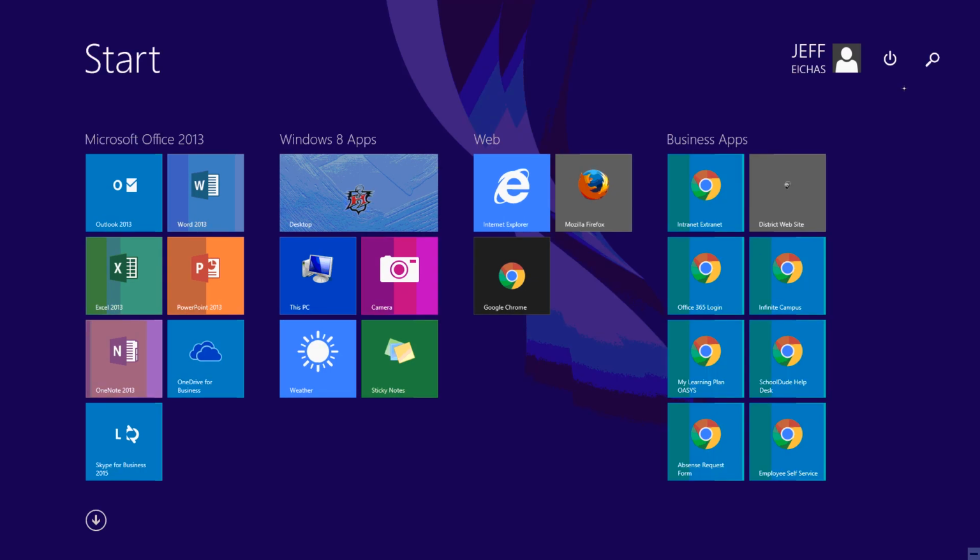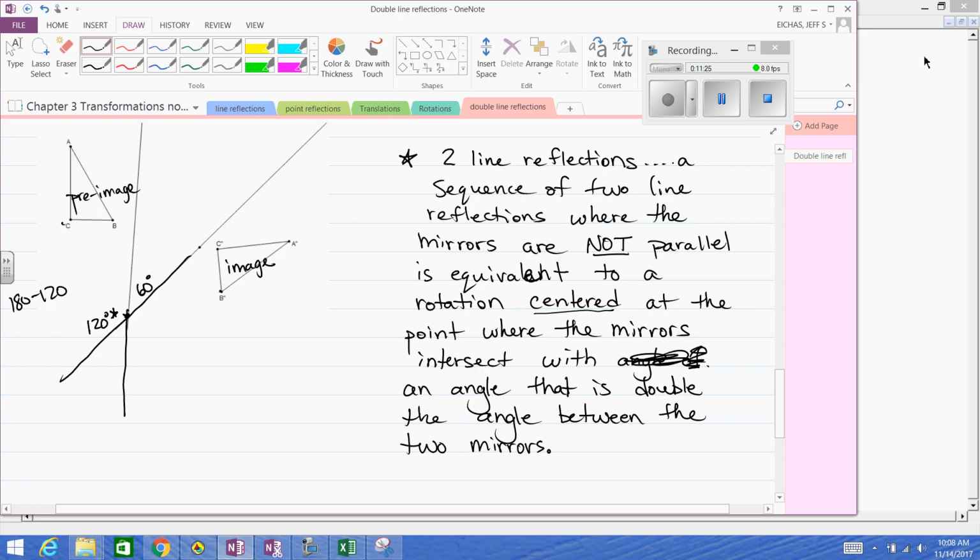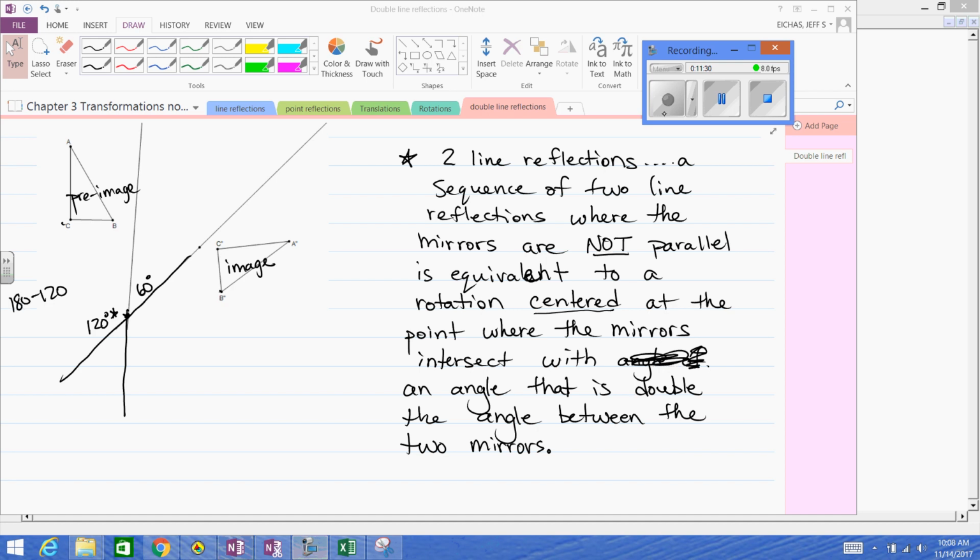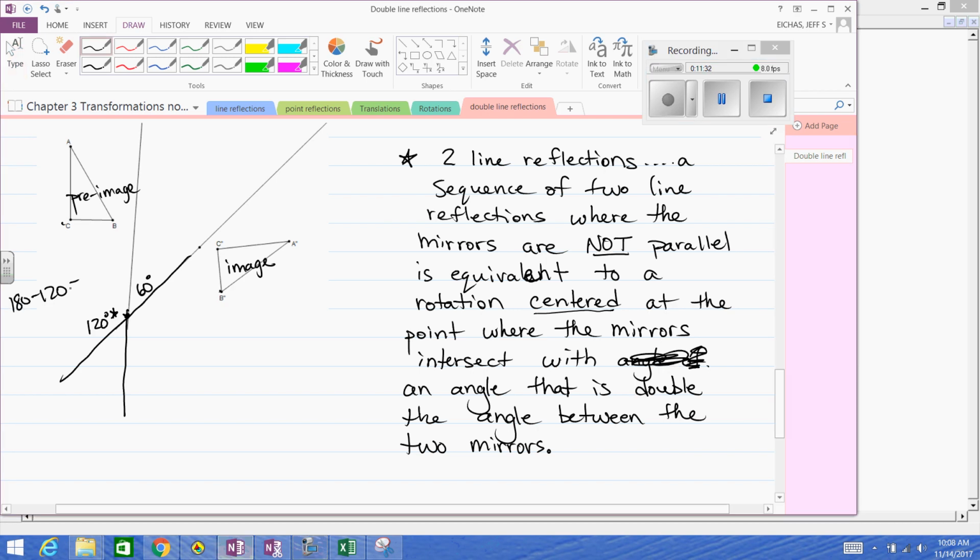This is one option. So it's 60 from here to here. That would mean B to the center of rotation over to B double prime would be double, 120. Now that's of course in the wrong direction, so somebody could consider that as well.